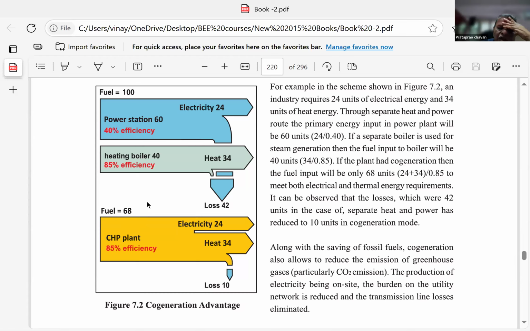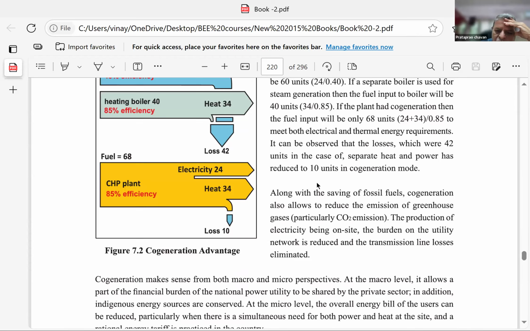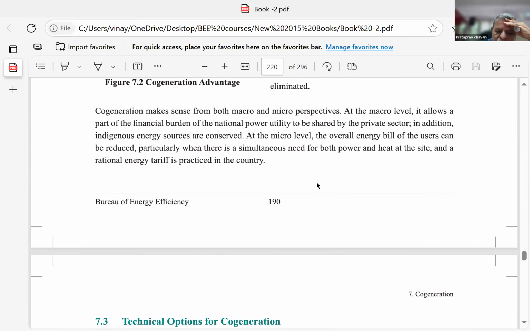And particularly if the fuels are costly, like LNG or petroleum products or even coal, the saving is considerable and therefore cogeneration has an advantage. You are controlling the wastages going into the atmosphere by using cogeneration. Got the cogeneration advantage. Now, on my explanation, you can read through this para.